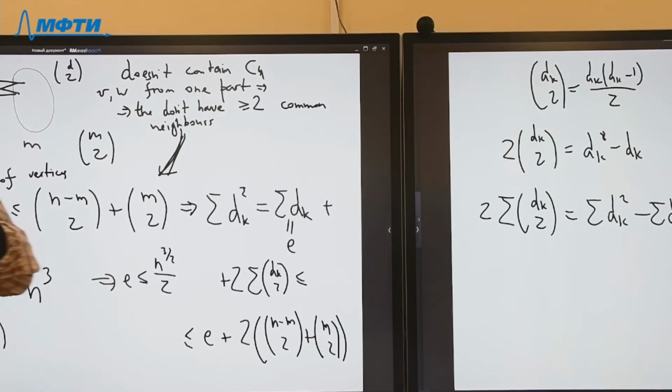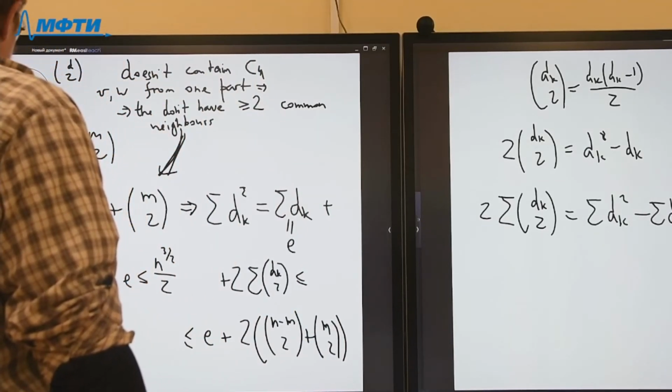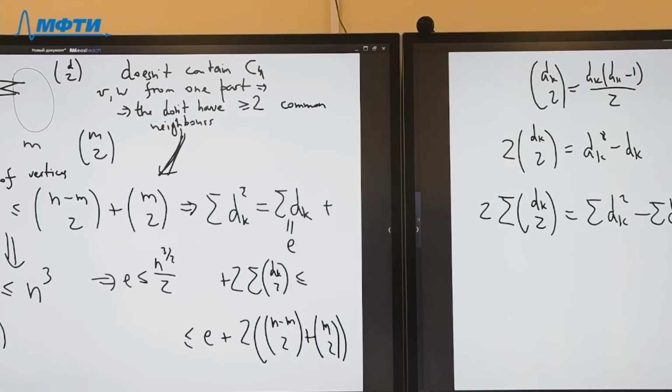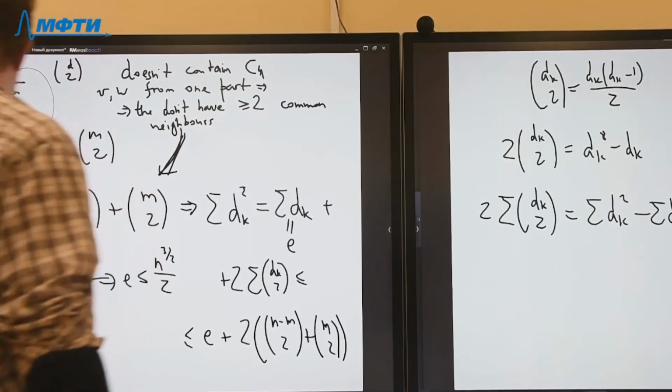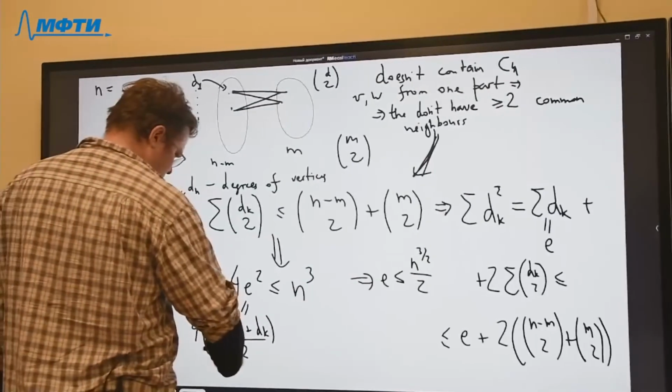So is it right? Yeah, okay, there's a little mistake here, sorry, because the number of edges is not the sum of degrees, but by the handshaking lemma it is half of the sum of degrees.